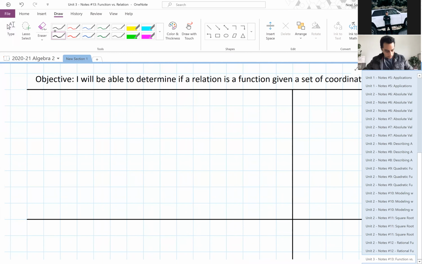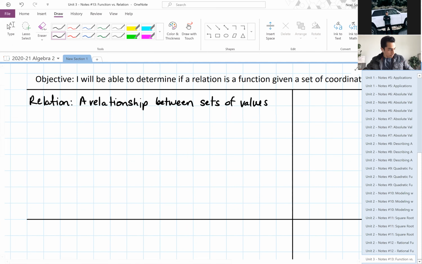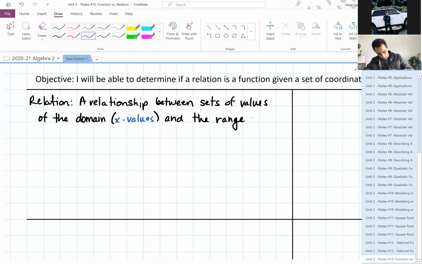So if we begin with what a relation is, a relation is a relationship between sets of values of the domain, which are your x values, and the range, which are your y values.